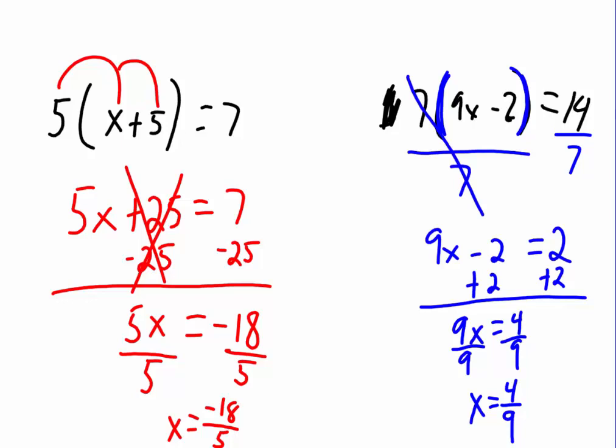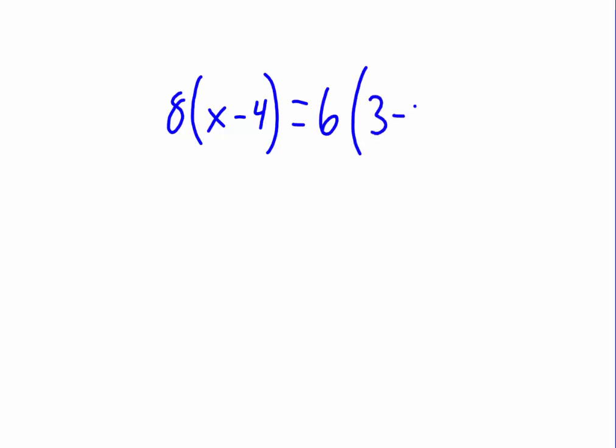Now, parentheses are still just as easy when we have parentheses on both sides. So let's say I do 8 times x minus 4, and then equals 6 times 3 minus x. Okay, the same kind of deal.